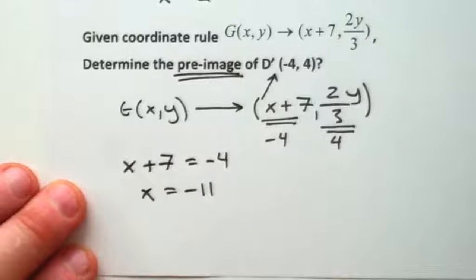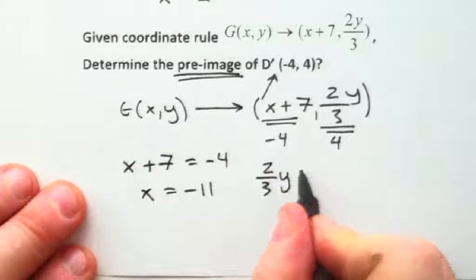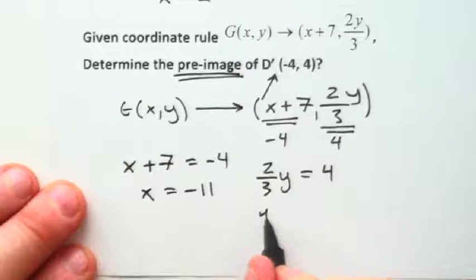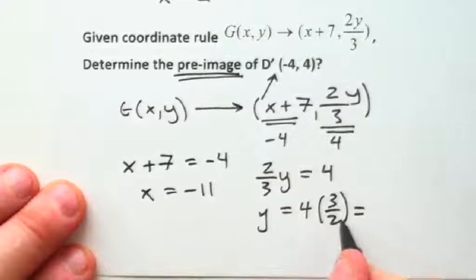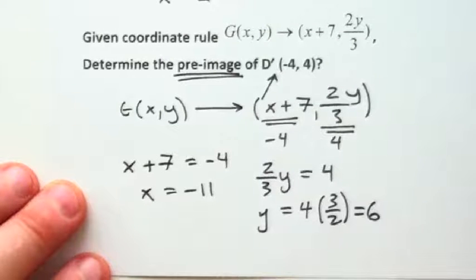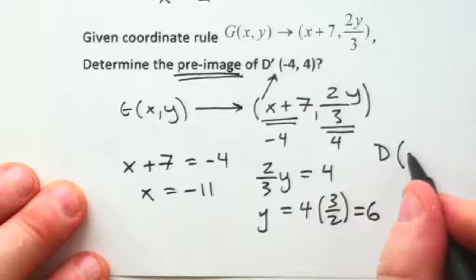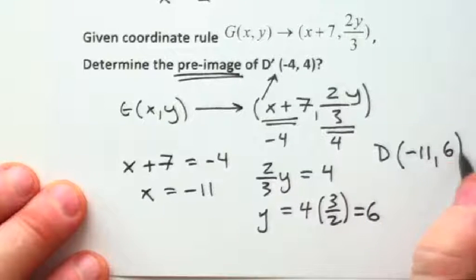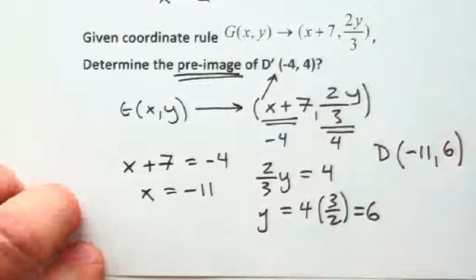We get x equaling negative 11 here. And here we get 2/3 y equals 4. Y equals 4 times 3 halves. In other words, 12 divided by 2 is 6. And so D, the pre-image, was (negative 11, 6). And this is our image of (negative 4, 4).